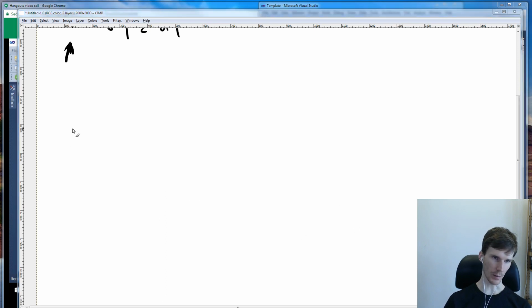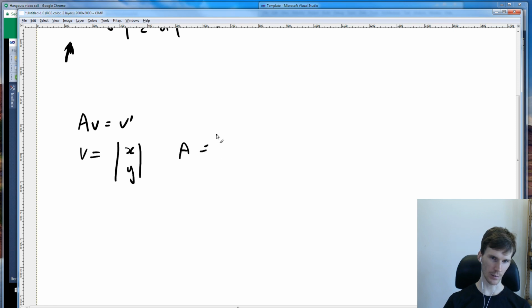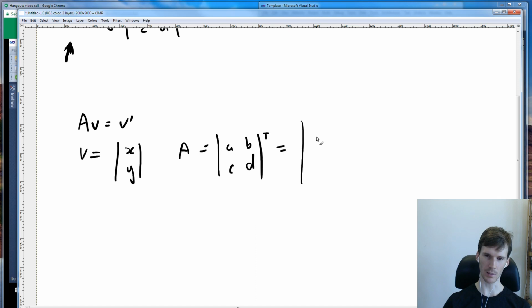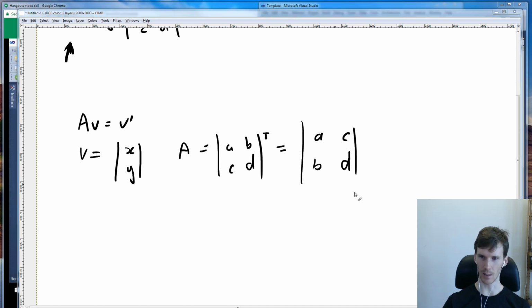But mathematicians tend to write it as v dash equals A v, where v equals x, y and A equals a, b, c, d, but these are actually different because it's transposed. I'm doing this from memory, I think it's a, b, c, d. You would never write it like that, and you wouldn't put that in. You just accept the fact.